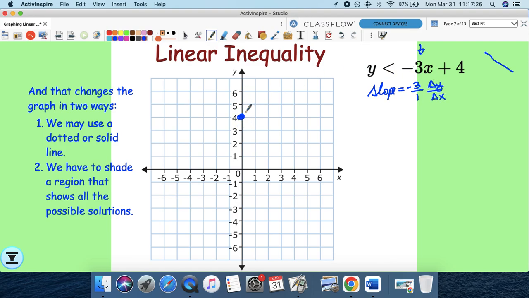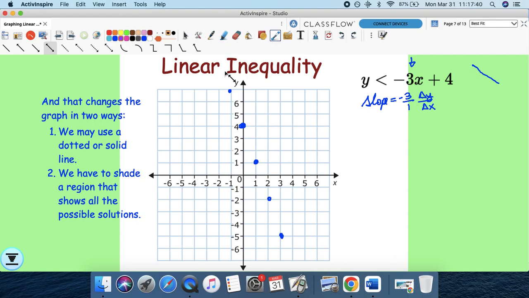So we count 1, 2, 3, and this time we go right. 1, 2, 3, and we go right, and we get a few points. And here is our line, y is less than -3x plus 4.